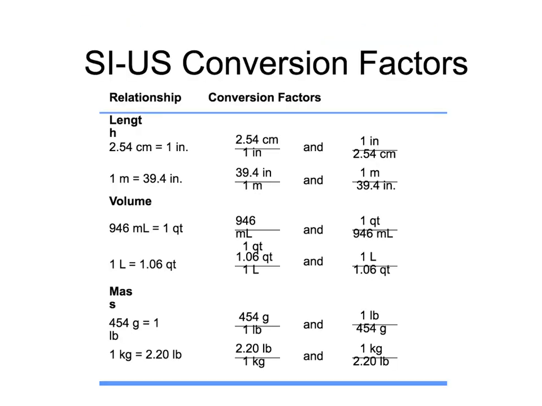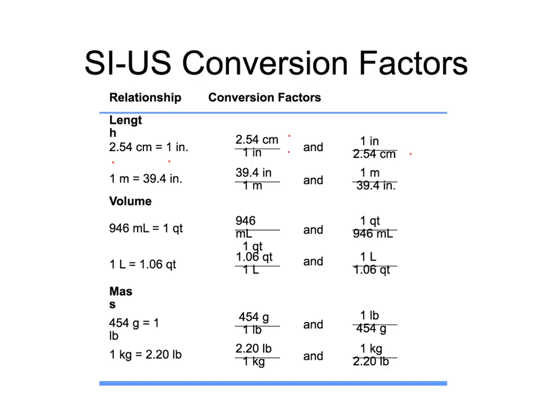And here are some conversion factors. These are conversion factors that take us from a non-metric unit into a metric unit or back. So we know that if A is equal to B, then A over B or B over A are both ratios that have a value of 1.